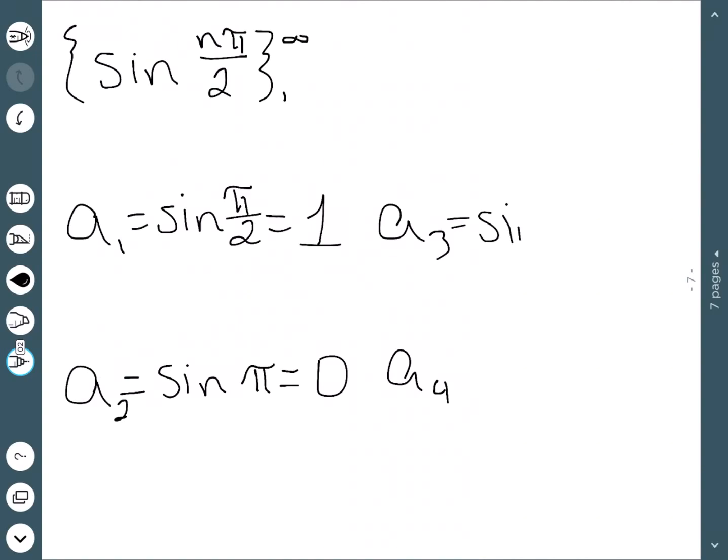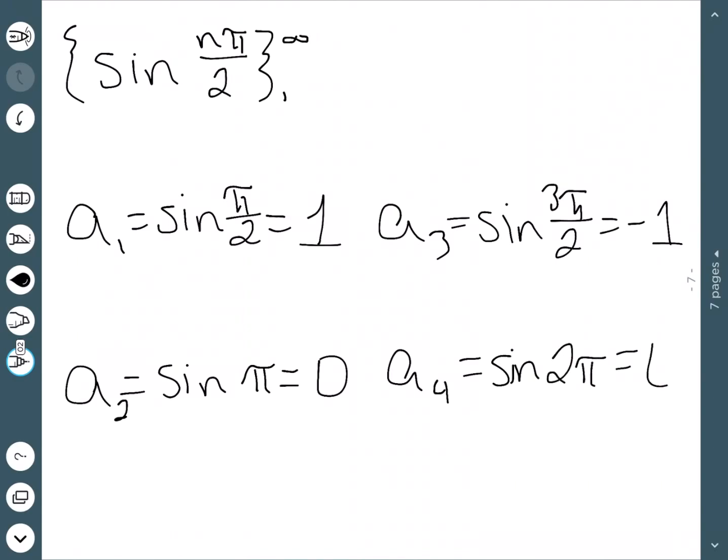Sine of 3 pi over 2 is negative 1. And then sine of 4 pi over 2, which is the same thing as sine of 2 pi, is 0. So now I can see I'm alternating 1, 0, negative 1, 0. If I continued, I'd go back to 1, 0, negative 1, 0 again.